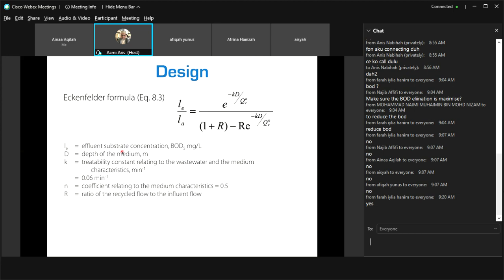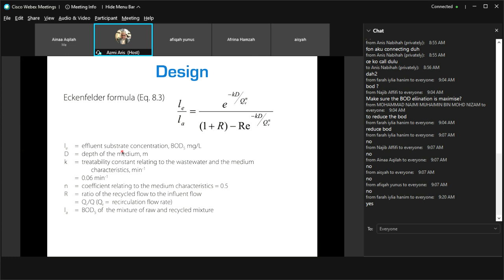R is the ratio of the recycled flow to the influent flow. Okay, similar to the equation that we use in the activated sludge system. LA is the BOD5 of the mixture of raw and recycled wastewater. Okay, you have recycled wastewater and you have raw wastewater coming in.